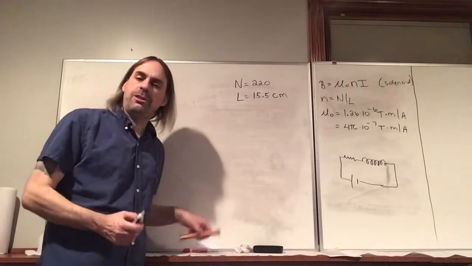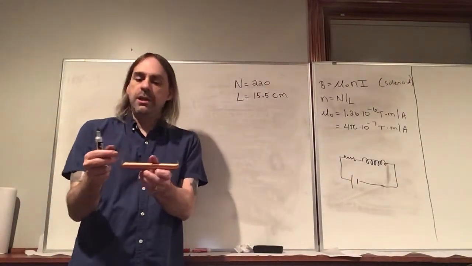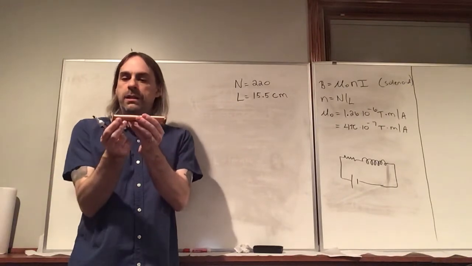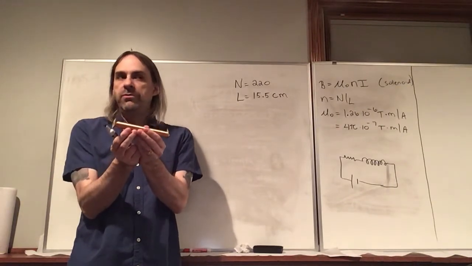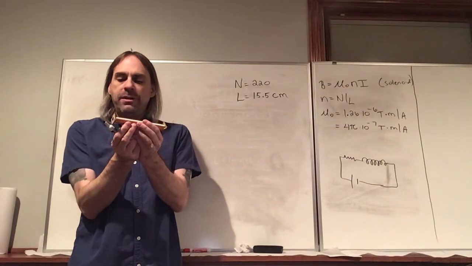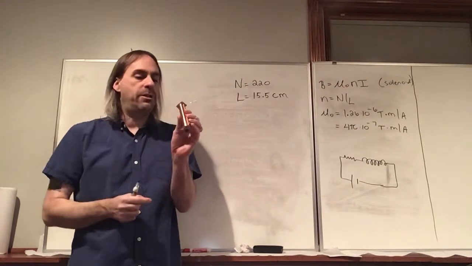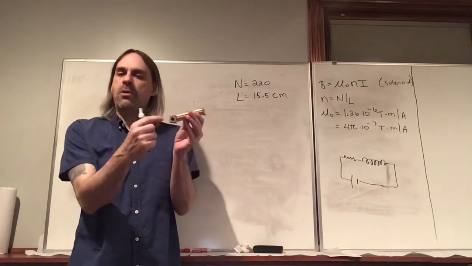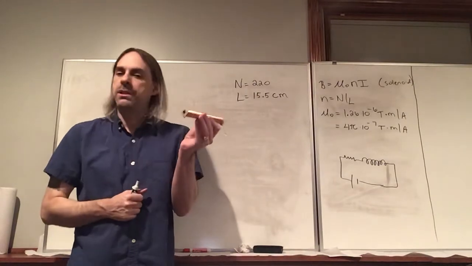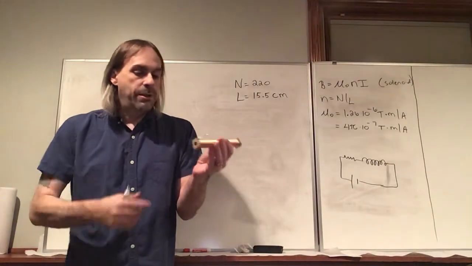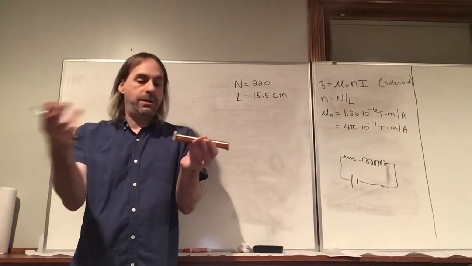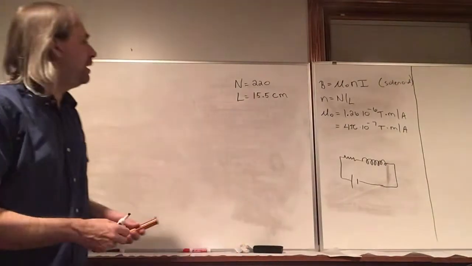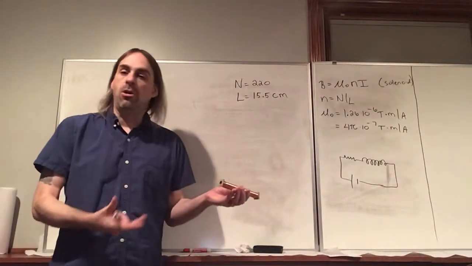And if we hook this directly up to a battery, there's a little bit of resistance in the wire itself. That could be a significant amount because there's 220 turns, and it's not a very wide cylinder, but that circumference is a couple centimeters. So the actual wire that went into this is several meters long.